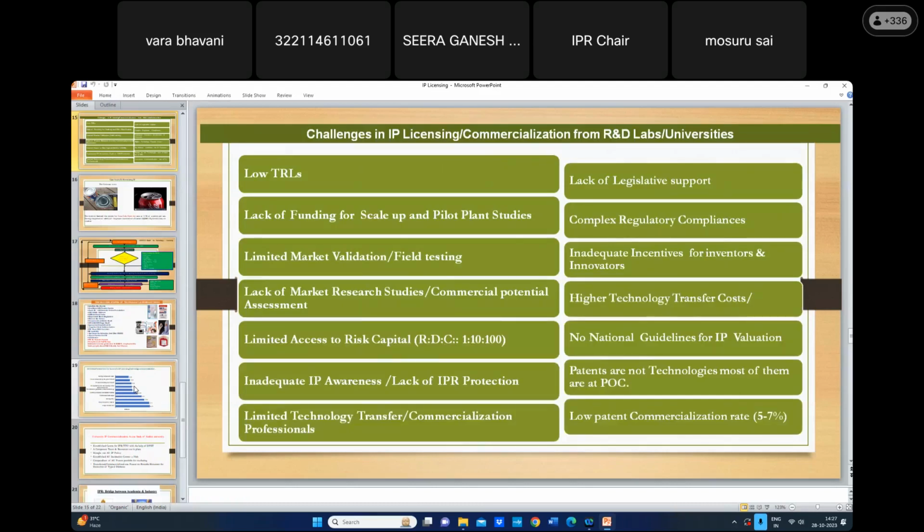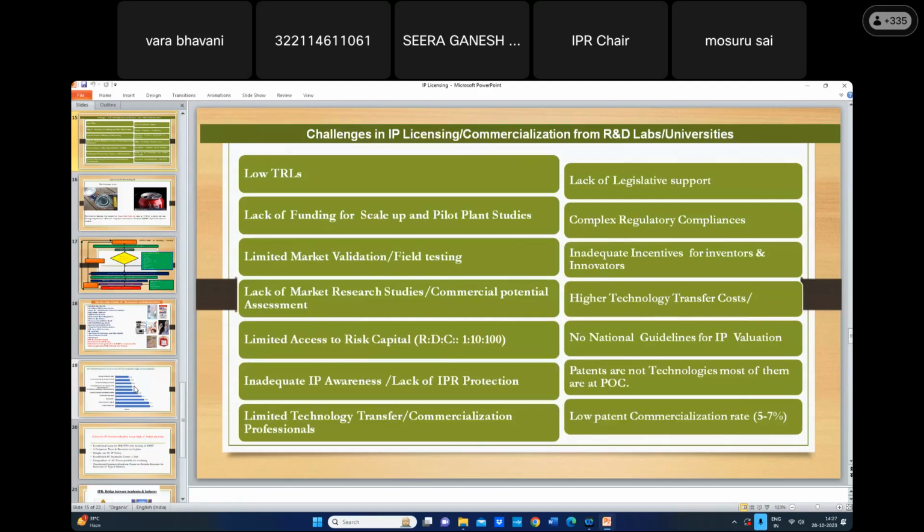So broadly, these are some of the important aspects. But if you look at the challenges for IP licensing or IP commercialization in our Indian scenario as well as the global scenario, the major challenge is that if you want to license IP, it should be at a fairly developed stage.